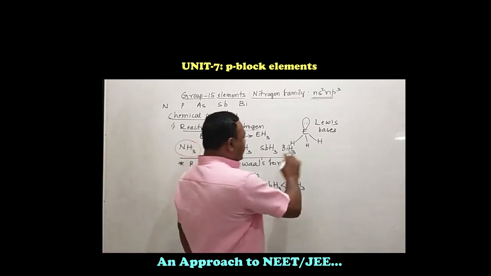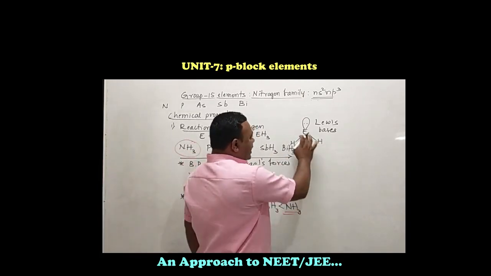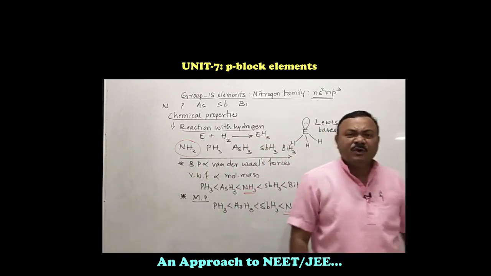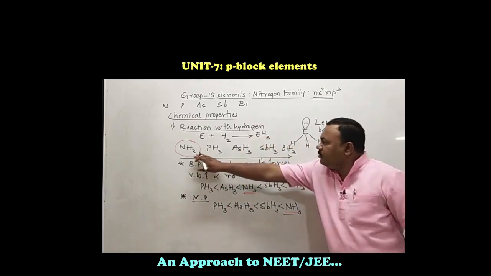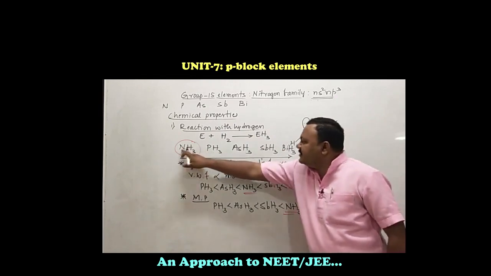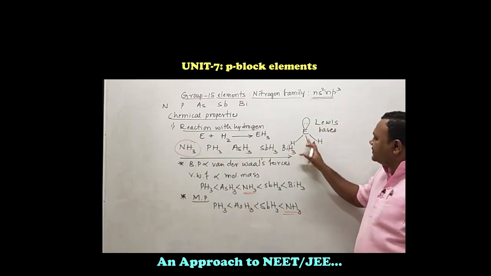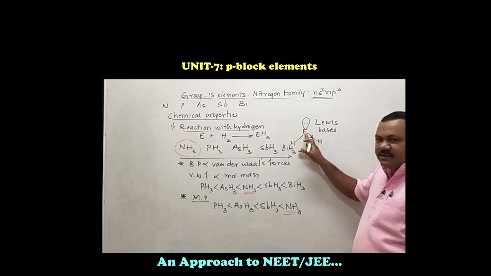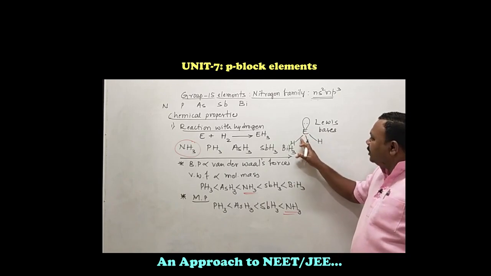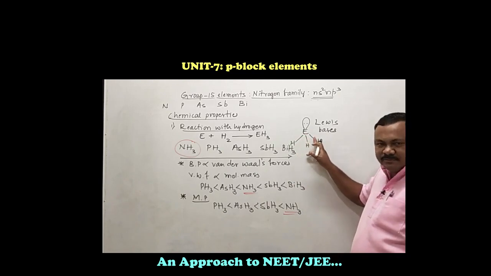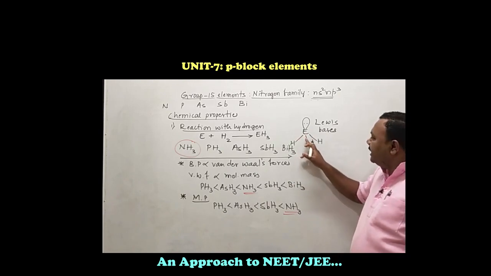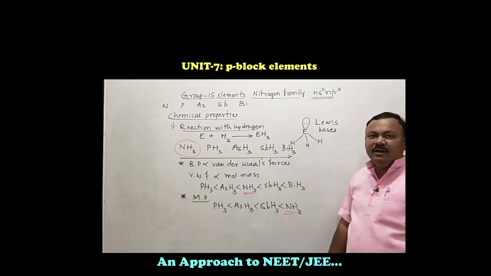Now when we move from ammonia to bismuthine, size of the central atom goes on increasing. With increase in the size of the central atom, bond pairs are moving away from the central atom. Since the bond pairs are moving away from the central atom, bond pair repulsion goes on decreasing.